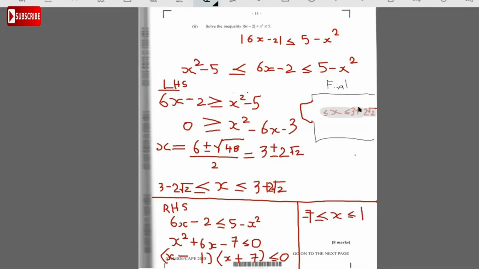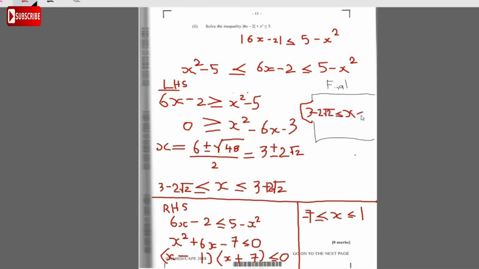That's why it's good to check your answer. So what we're getting when we check, this is the final now. We're getting that x is greater than or equal to 3 minus 2 root 2.